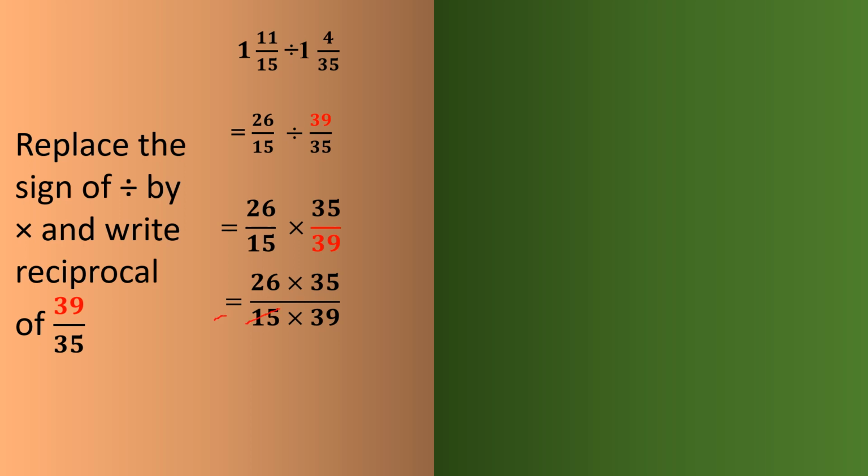So 5 3s are 15, 5 7s are 35, and here 13 2s are 26 and 13 3s are 39. So 2 7s are 14 and 3 3s are 9. 14 by 9, which is an improper fraction, so we will convert it into a mixed number. 1 and 5 by 9 is our final answer.